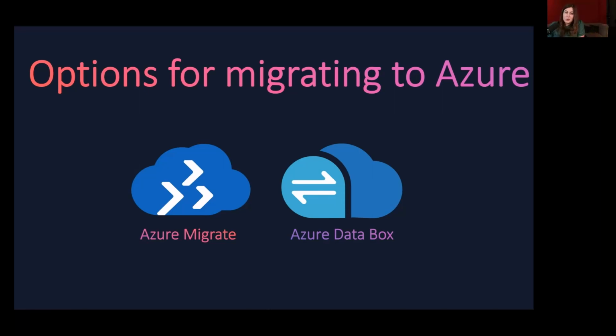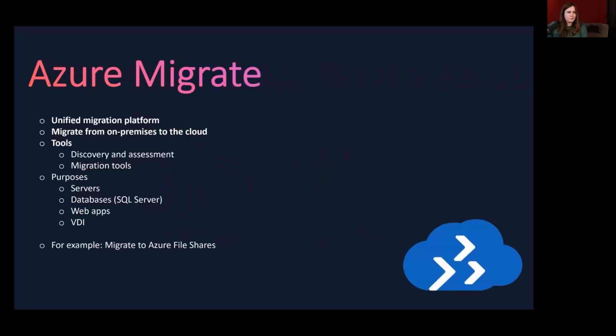Or maybe you're in another cloud, maybe you're in Amazon or Google, and you're wondering how to even get to Azure. So there are two tools that I want to talk to you about today: Azure Migrate and Azure Data Box. Azure Data Box is actually part of Azure Migrate, but it's so cool that I just wanted to mention it separately as well.